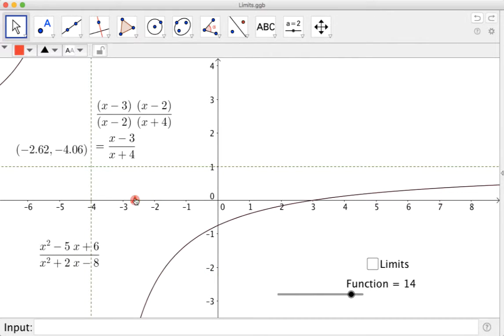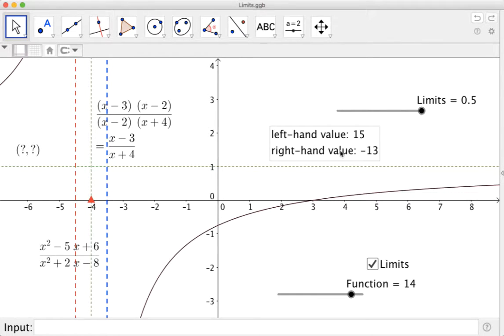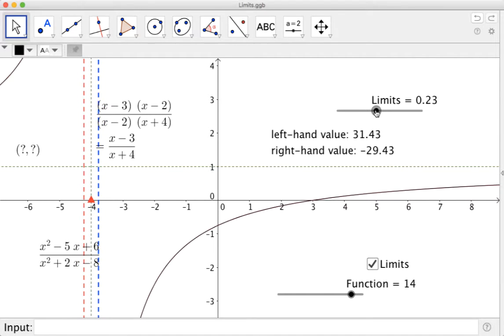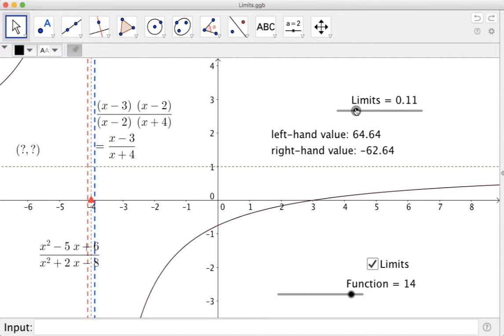At that point we have this branch, which as it approaches negative 4 from the positive side is heading to negative infinity. The branch up here is approaching positive infinity as x approaches negative 4 from the negative side. If we look at the limits and move closer and closer, these values are just going to diverge even more.